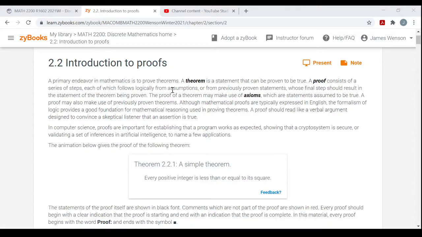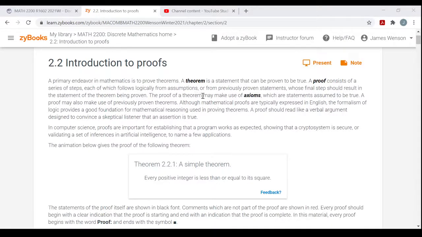So you use some assumed truths and some previously known truths to help you out, whose final step should result in the statement of the theorem being proven. So you have statements and your steps, and with each step should be some reason for that step as well.